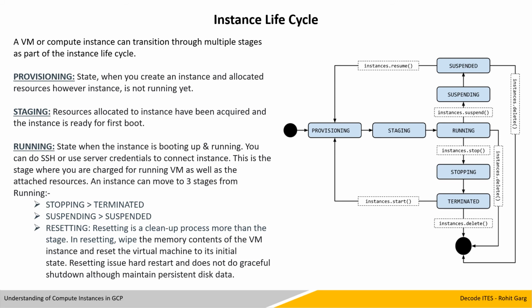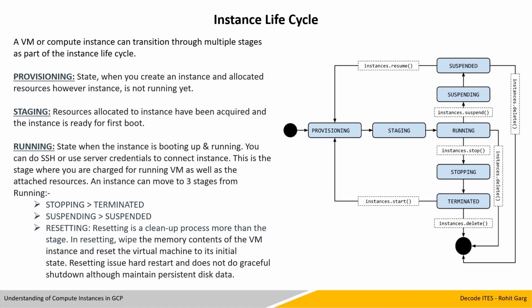An instance can move to three stages from here. First is stopping, that will lead to terminated. We will discuss it in a coming slide. Second is suspending, which leads to suspended. Same we will discuss in the next slide. And last is resetting. Resetting is a cleanup process more than a stage. In resetting, you wipe the memory content of the VM instance and reset the virtual machine to its original state.